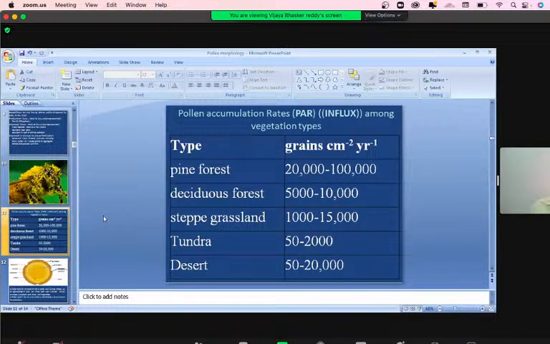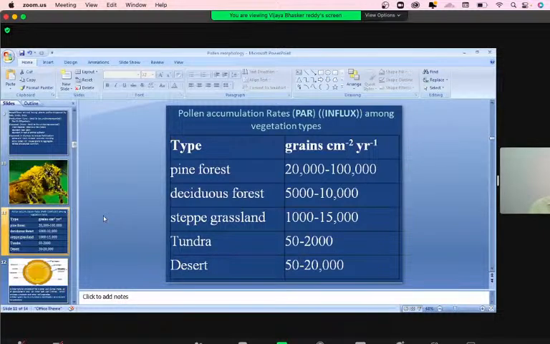Gymnosperms always produce higher and higher amounts of pollen grains because their topographical distribution is unique. They're confined to only the high elevated areas or temperate zones of the world, and from there, once they release the pollen grains, conditions are very cool, so they take moisture and become heavy, and most of the time they settle down there itself.